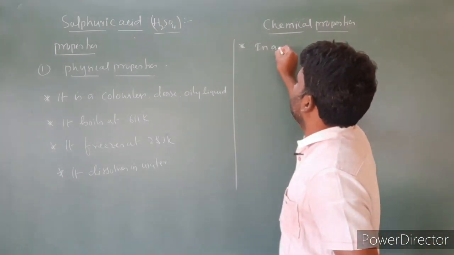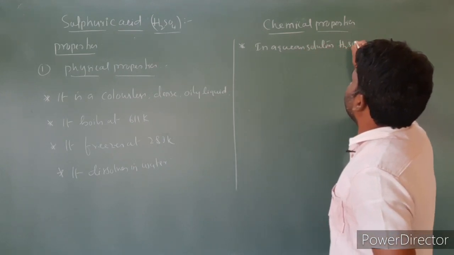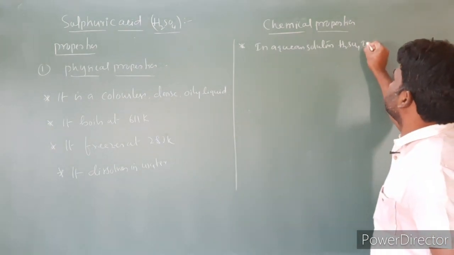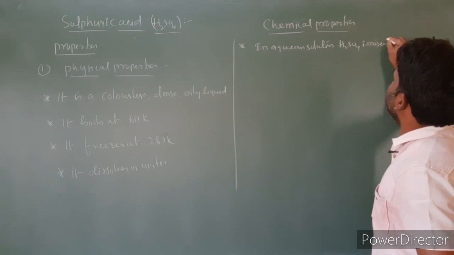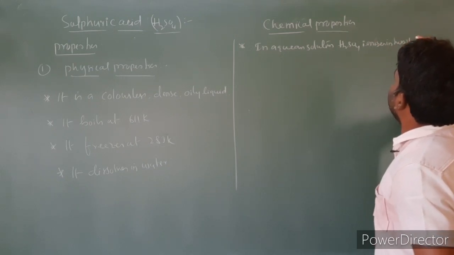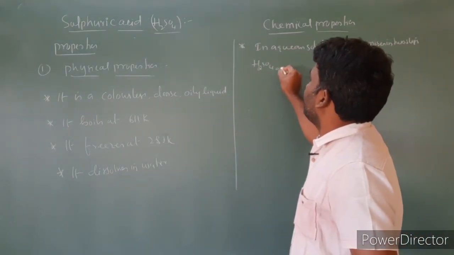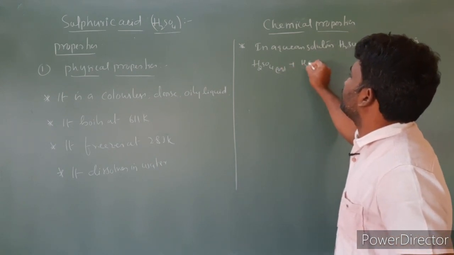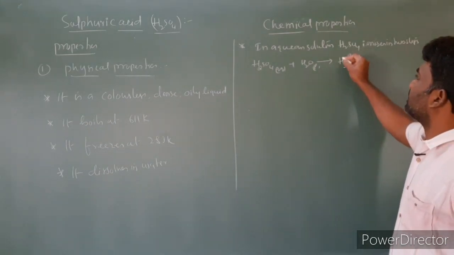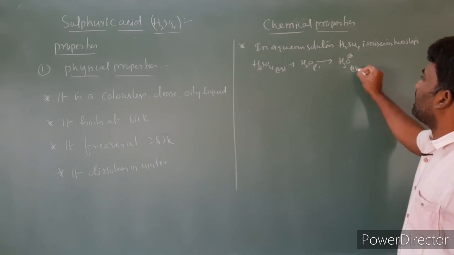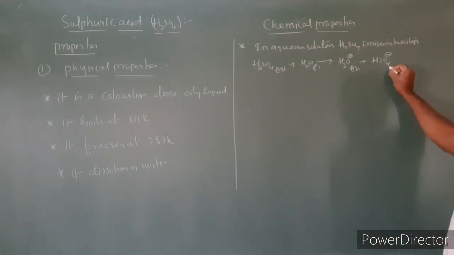In the first step, H2SO4 in aqueous plus H2O liquid gives H3O plus hydronium ion in aqueous plus HSO4 minus, also in aqueous.